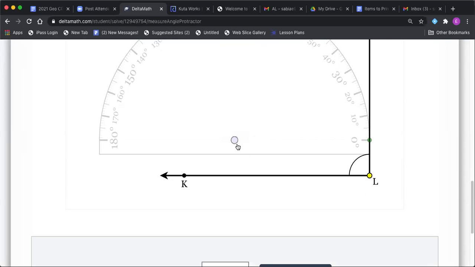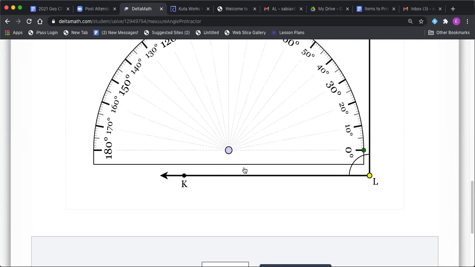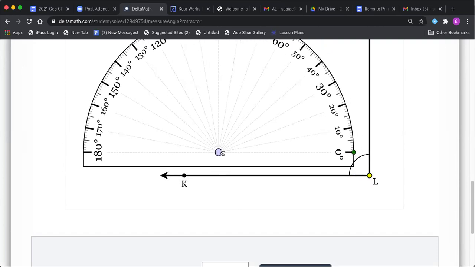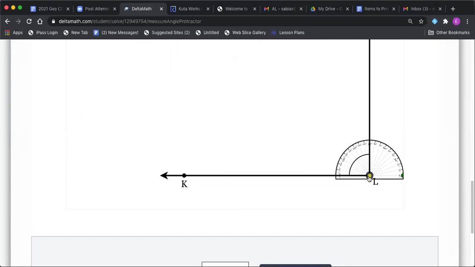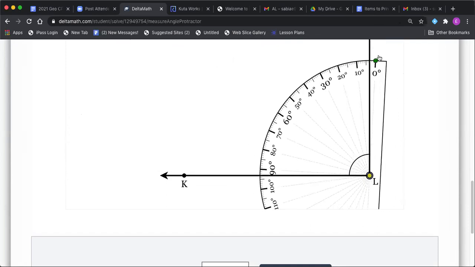So anyway, all you're going to do is pick up this protractor by clicking that blue dot and you can move it all around. To use a protractor, you're just going to put that blue dot on the vertex. So let's come over here, we'll put it on the vertex. And then there's a green dot over here that lets you turn and zoom and do whatever you need to.